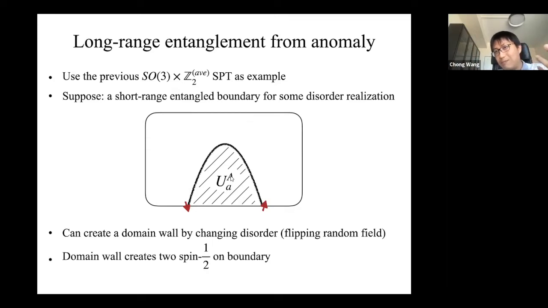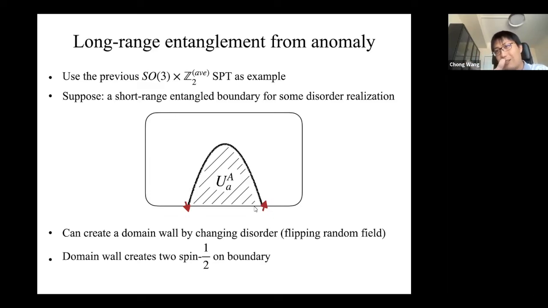This is pretty much the same thing as what we did in the previous two slides. The only difference here is that my boundary now touches the physical edge. So this domain wall has a boundary. However, we already said that what's living on this domain wall is a Haldane chain. So when the domain wall has a boundary, the Haldane chain ends up having two boundaries, two endpoints.